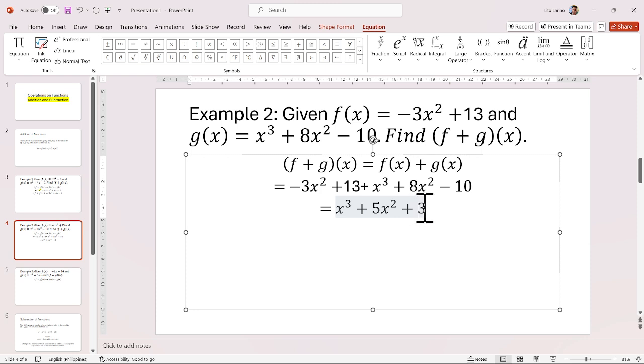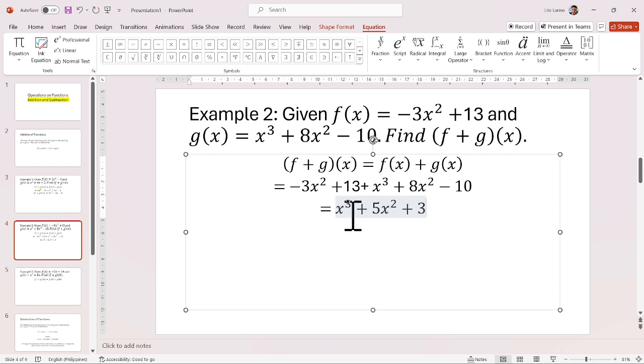Okay? Let us check if we got it right. Again, f of x is negative 3x squared plus 13, plus our g of x is x cubed plus 8x squared minus 10. To add this, we have to add first the terms with the highest exponent of the variable x, but there is only one term here, and that is x cubed, and we just copy it as the leading term of our sum, x cubed.